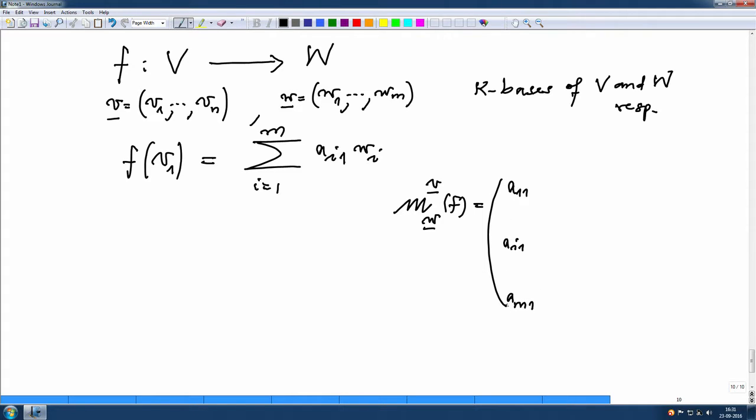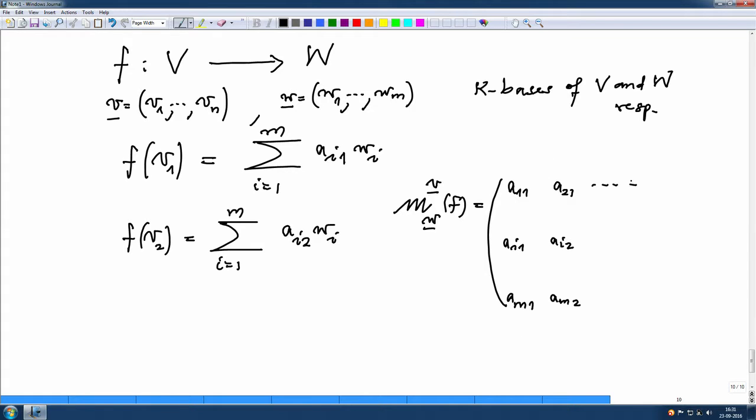This is a column. The next column will be given by f of v2. So f of v2 is the summation, i from 1 to m, where the second index is for v2, that is ai2 wi. So A12, ..., Ai2, ..., Am2. That is the second column, and so on.